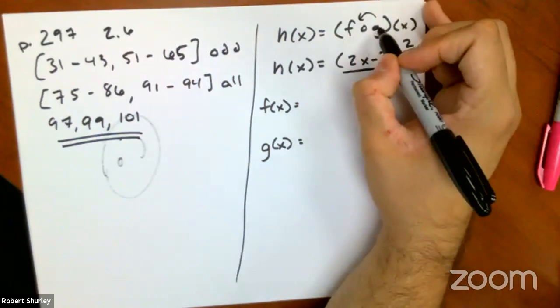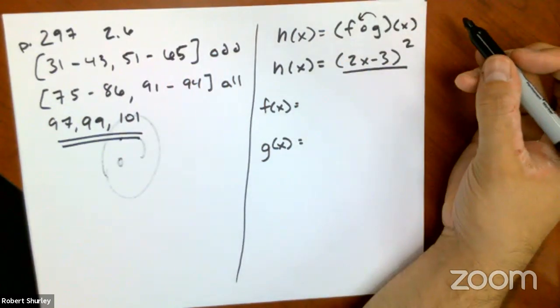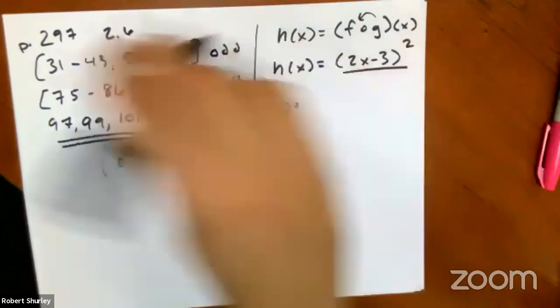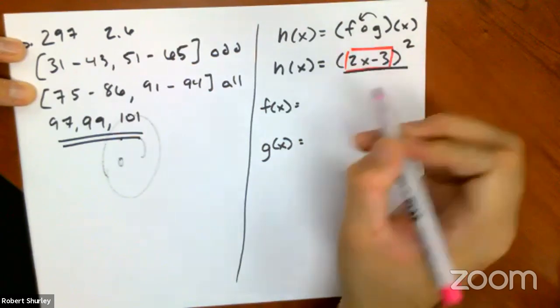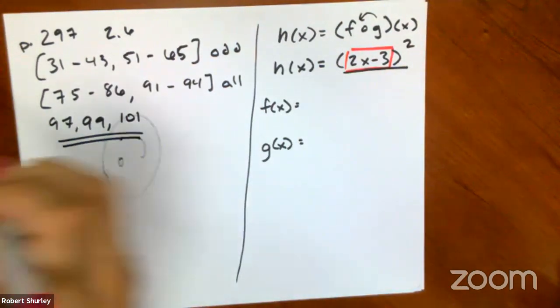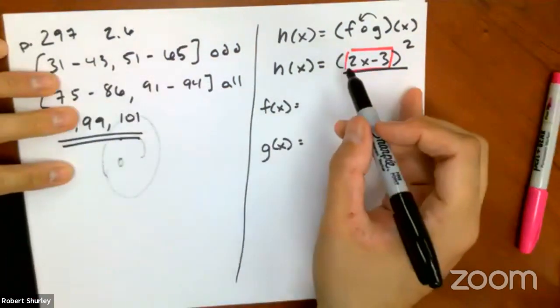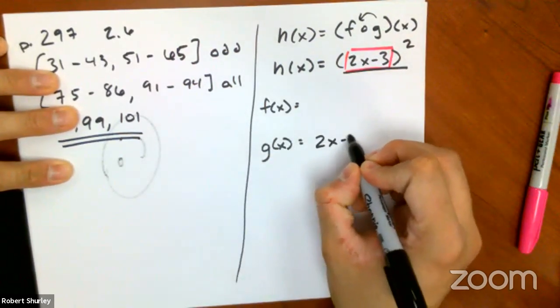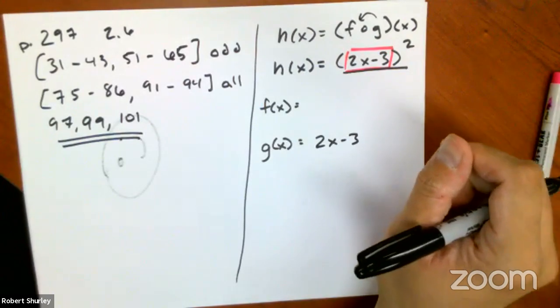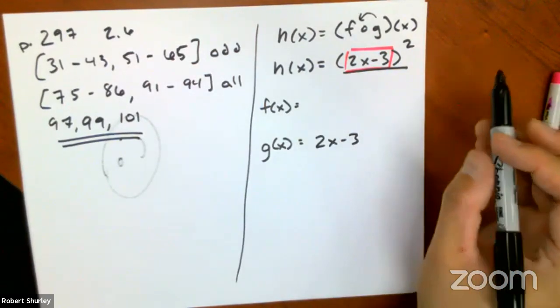So remember, the g goes into the f function, right? So if we look at this, we've got an inside function here. You guys see that 2x minus 3? That's going to be considered my inside function. So inside is g. So I'm going to write that down. 2x minus 3 is going to be my inside function.